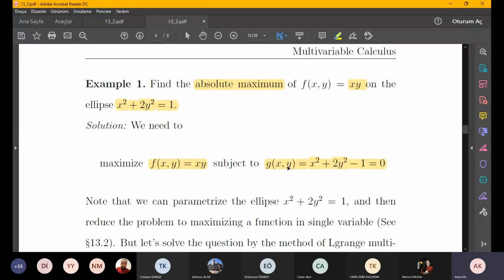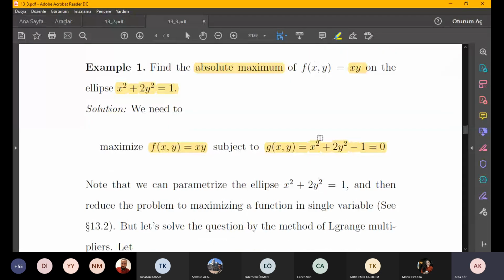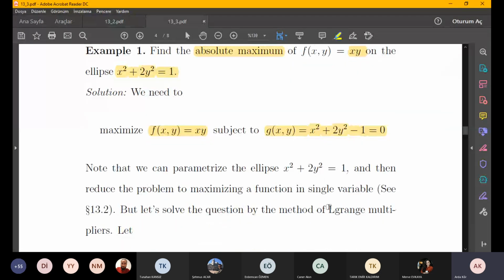This will be the constraint function, because we try to find the absolute maximum on that ellipse.